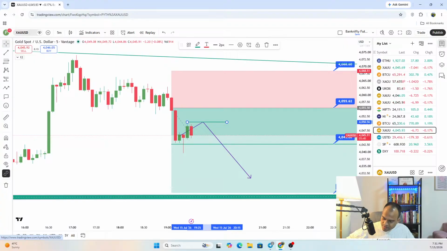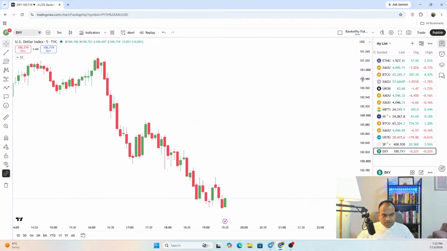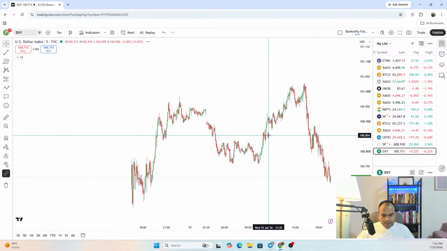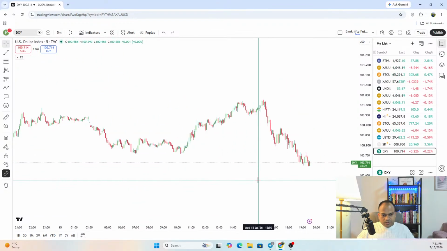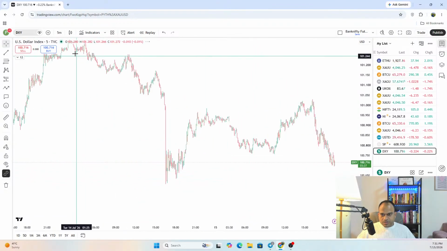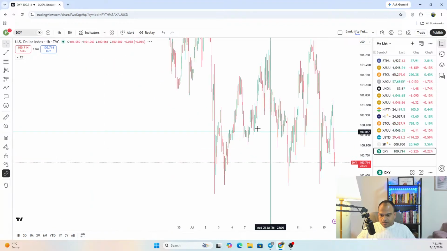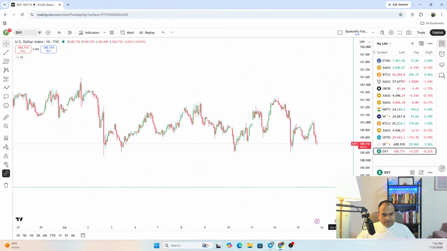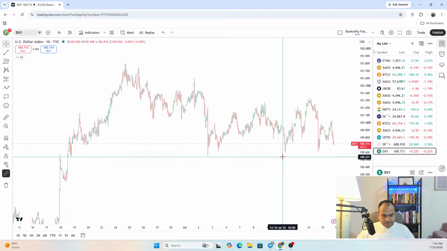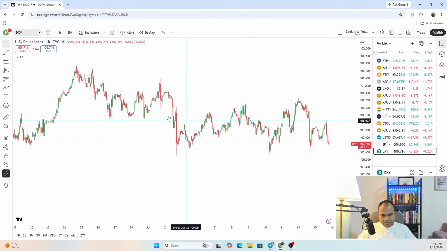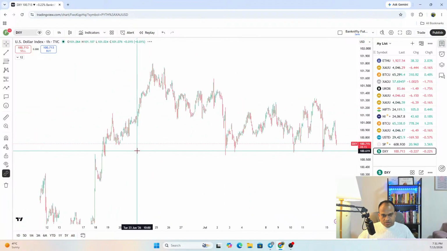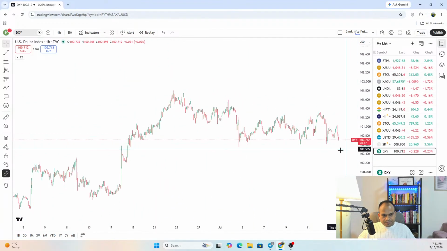While the trade is getting mature, let's look at the DXY, because the US dollar index is the most important instrument for us when we're trading XAUSD. As the name itself signifies, XAUSD, we're checking the price of gold against the value of dollars.